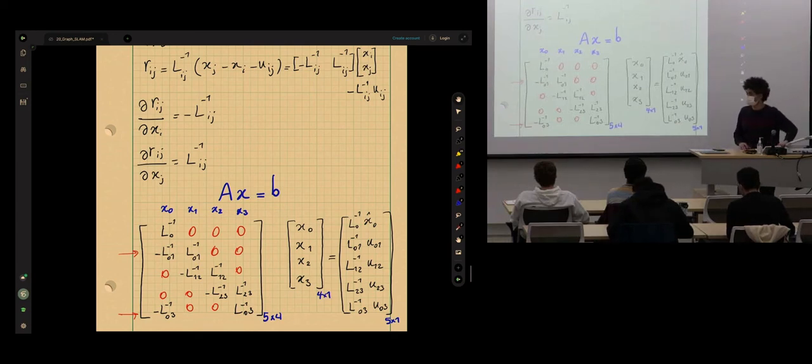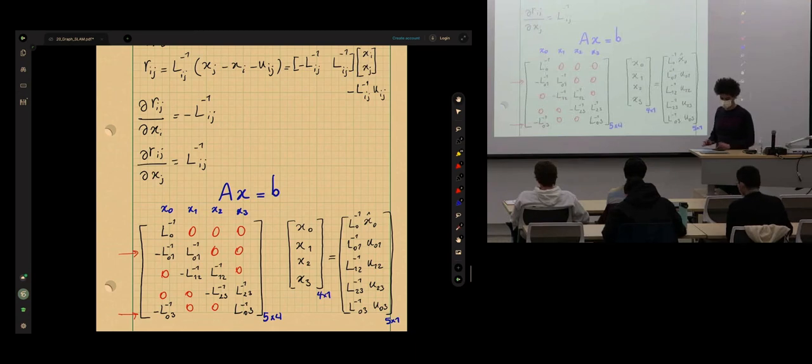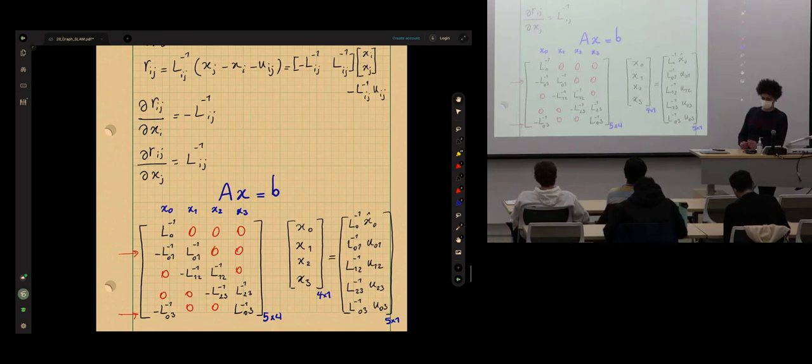I want to ask, if we have a loop closure factor, is there any chance that I can connect with multiple variables? You can. If the loop closure or any factor is connecting 3 variables, then 3 of these columns will be non-zero. So we're still calculating the Jacobian? Yeah, any variable that exists in the factor will have a derivative. If not, then you get 0.